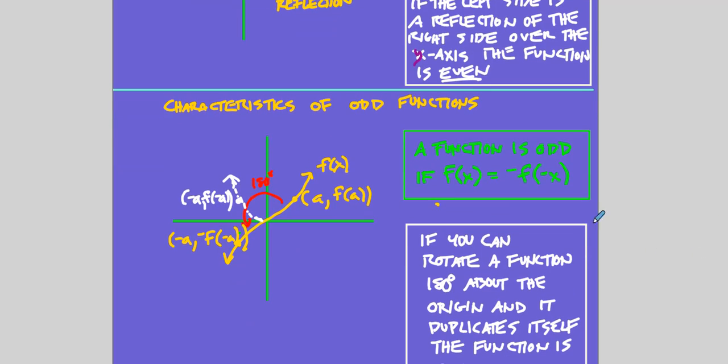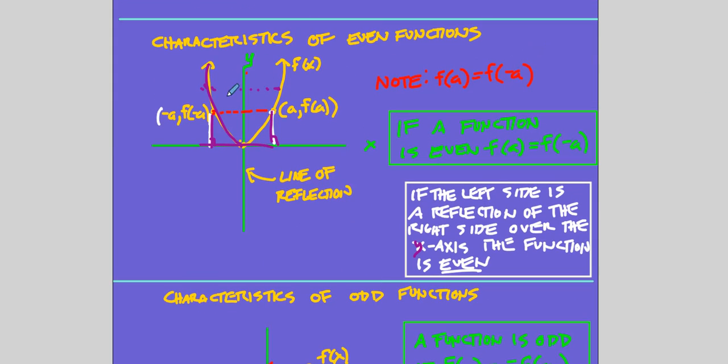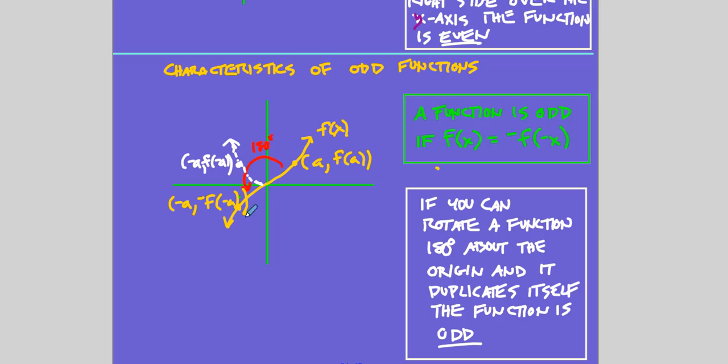Now let's talk about odd functions. If I have a function that looks like this, it could be f of x equals x cubed. This, by the way, could have been f of x equals x squared, but this is f of x equals x cubed. If I have a point A, f of A, and I reflect it over the y-axis, I get the point negative A, f of negative A. It does not match the original function, which I've put in gold color here.